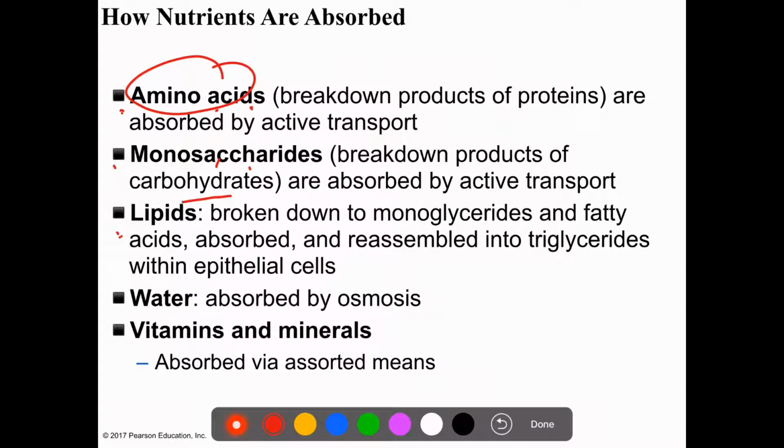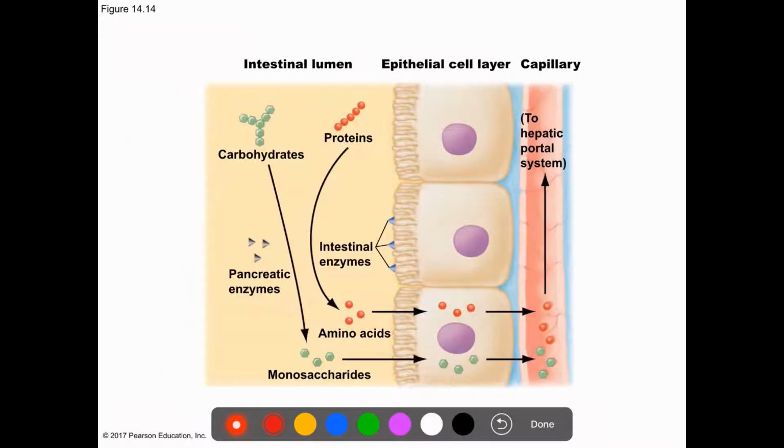For the carbohydrates, breaking them into monosaccharides, then absorbing them. As you can see, these are the carbohydrates, these are the proteins. We'll convert the proteins into amino acids, the carbohydrates into monosaccharides, and then absorb them directly.